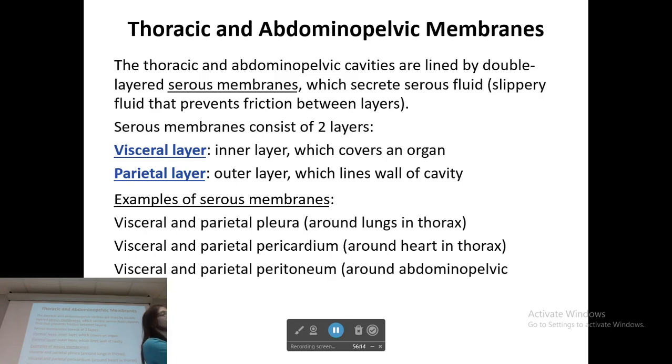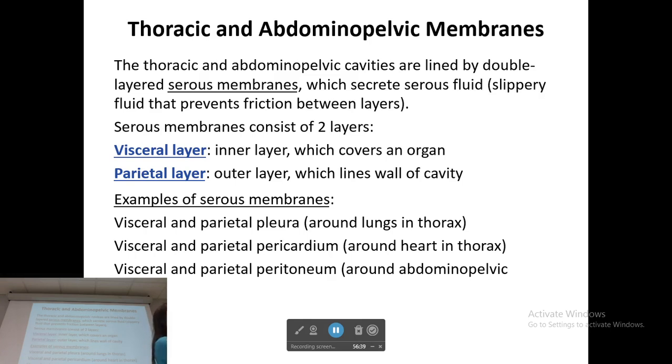And on the surface of the lungs is the what? Pleura? What's the word? On the surface of the organ. Starts with a V. Visceral. Okay. And then on the outside in the thoracic cavity would be the other one, starts with a P, parietal.